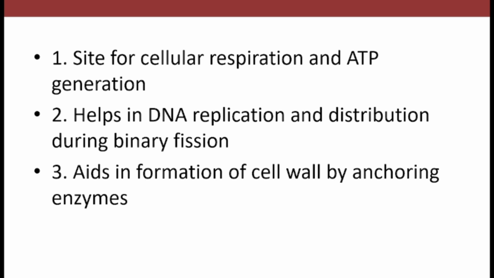Don't forget that I told you that the mesosome is an invaginated cell membrane, and it contains a lot of enzymes. So all these enzymes are playing a very vital role in how the DNA is going to get replicated.